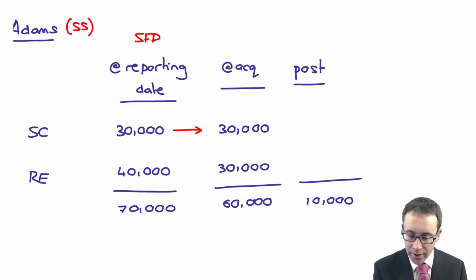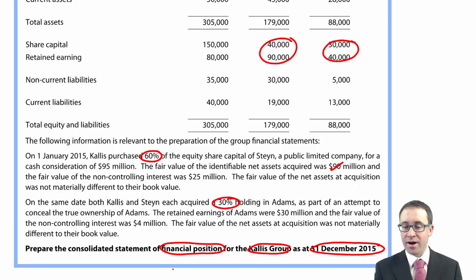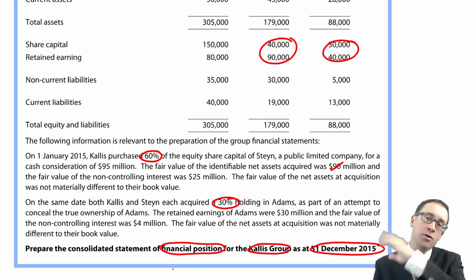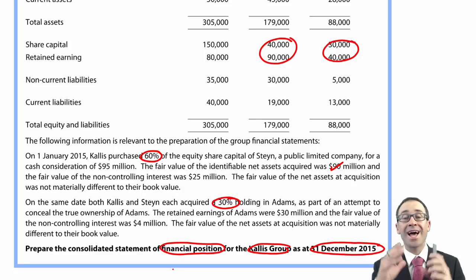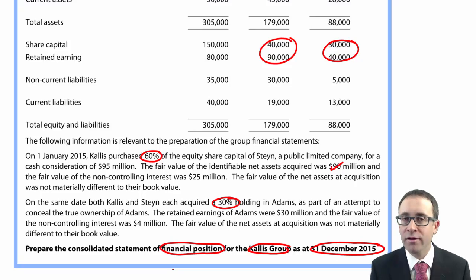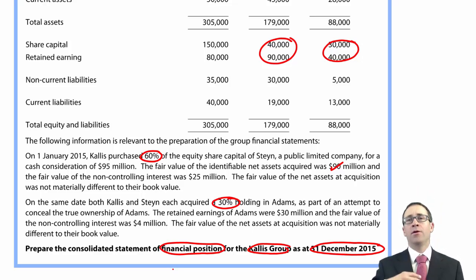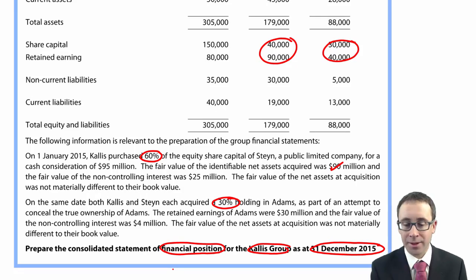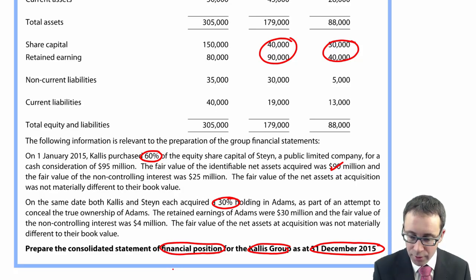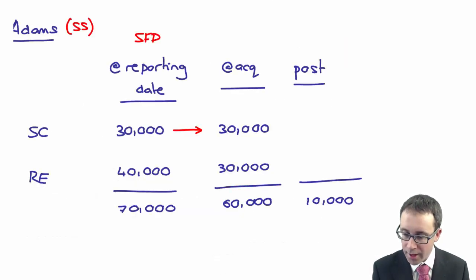There we go. Again, nothing else to adjust for. The fair value of the net assets was not materially different to the book value, so no fair value adjustments. As I said, in the exam the likelihood is there will be a fair value adjustment. There will also likely be some form of other component of equity. But it becomes so straightforward in the exam because you're dealing with the same things time and time again.